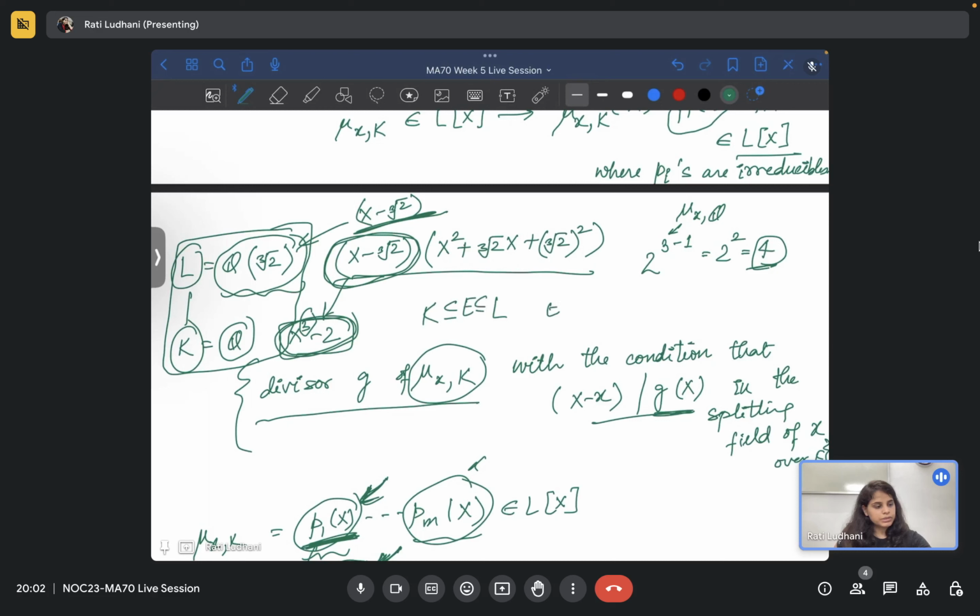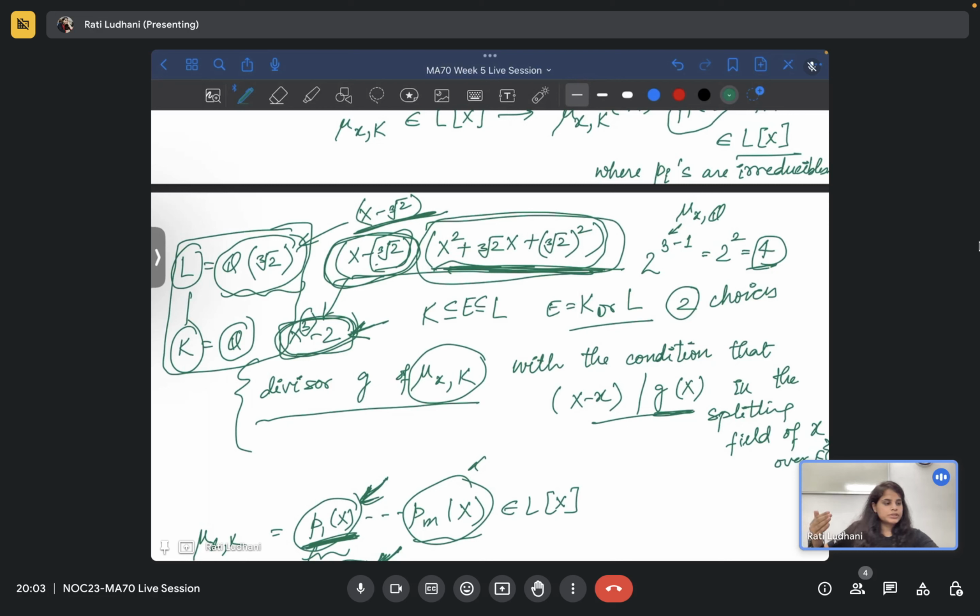So E can be k or l. There is nothing in between, because you have to find the divisors of this, and divisors of this will contain this part, with no other linear factor present. This part will never factor, and this does not have cube root of 2 as a root, so we cannot take this part also. So you have no other choice, so there are just two choices.